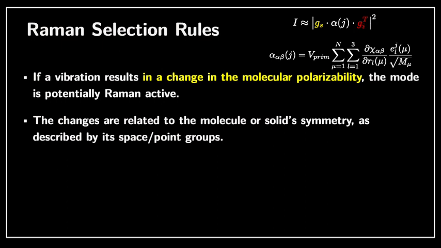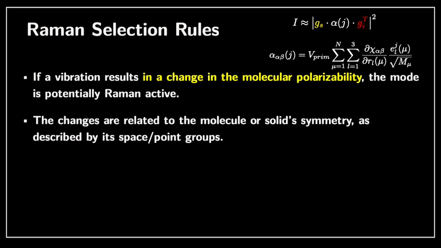The change in the polarizability can only happen if we have specific symmetries in the material. This is actually easy to understand, because if we have a symmetry that does not allow us to create a dipole moment or to change a dipole moment in certain directions, simply because the atoms are arranged in such a way that there is no change in dipole moment, then we do not have Raman intensity.